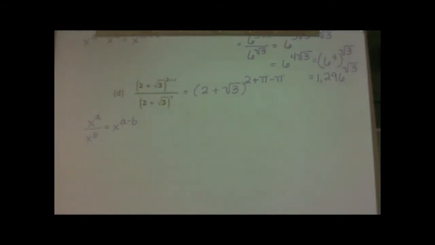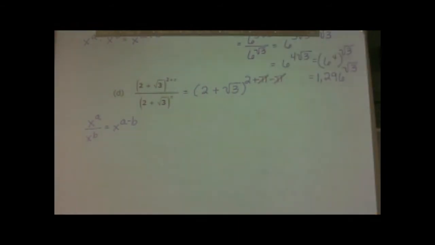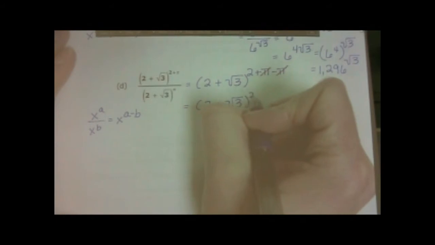So this is 2 plus the square root of 3 to the 2 plus pi minus pi power. Now notice, the plus pi and the minus pi cancel. And so here's what I have. 2 plus the square root of 3 to the 2 power.